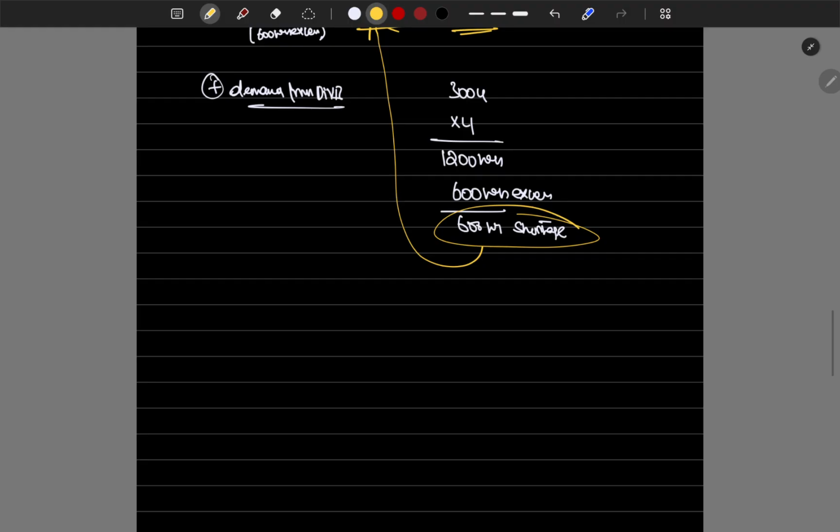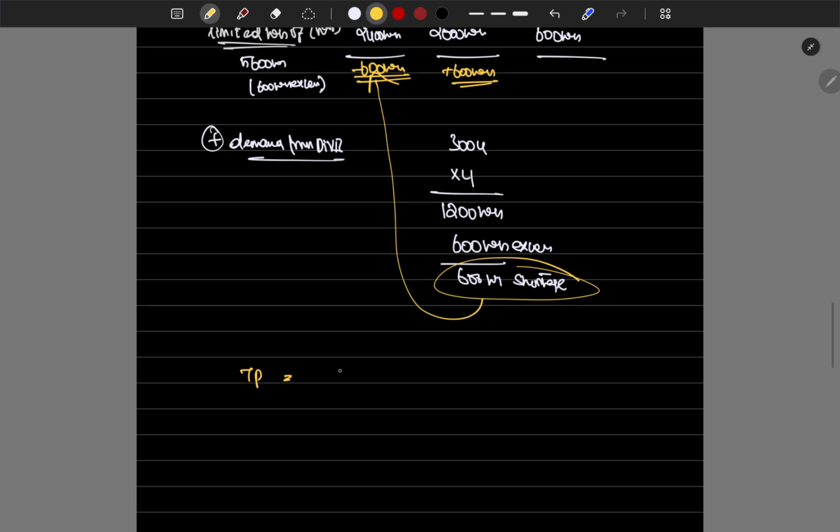Okay, now what will be our transfer price? Transfer price is equal to the same 24 variable cost plus opportunity cost. Only the 600 hours we are now sacrificing, so for the 600 hours only we have to consider the opportunity cost.